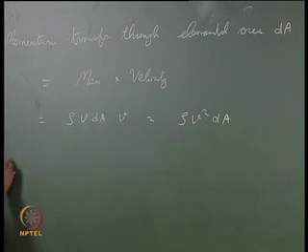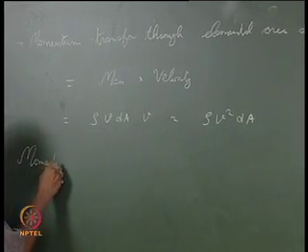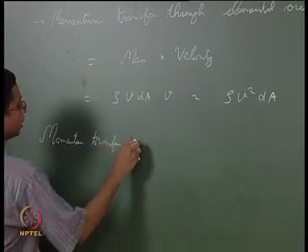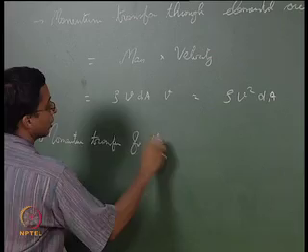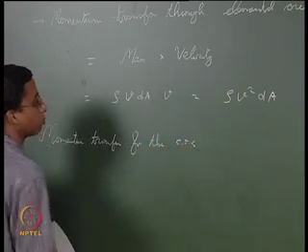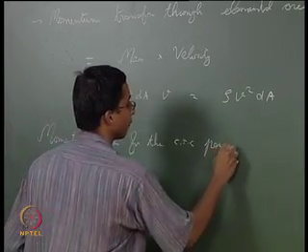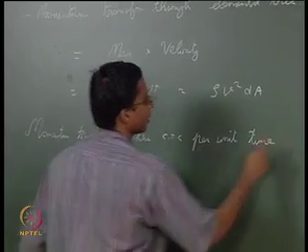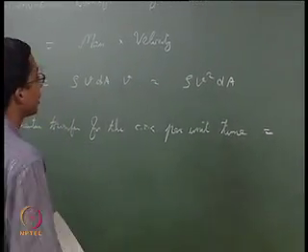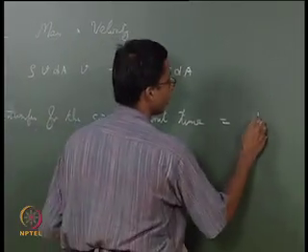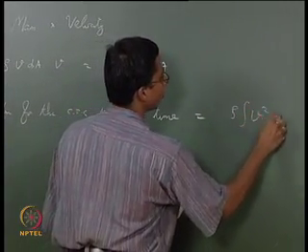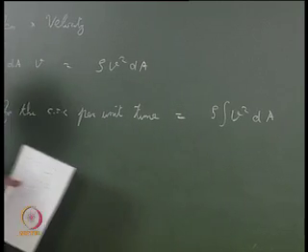So, momentum transfer for the entire cross sectional area per unit time is nothing but equal to rho into integral of v square dA.